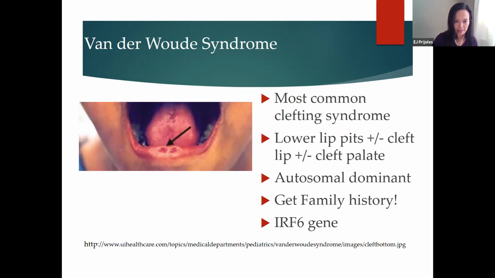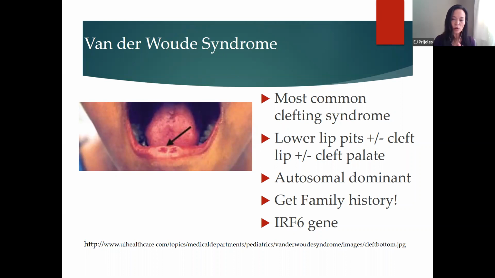And I put van der Woude syndrome up here because it is the most common clefting syndrome that we think about. It is characterized by cleft lip and or palate and these lower lip pits. It's an autosomal dominant condition, with different expression in individuals who have an IRF6 gene mutation.